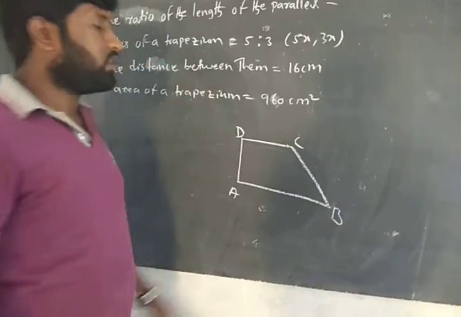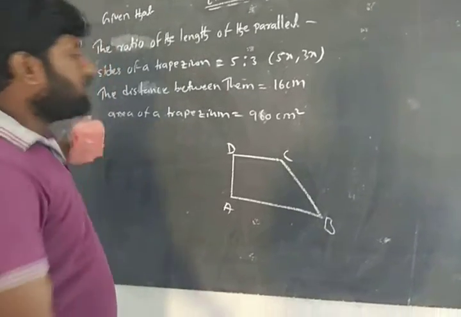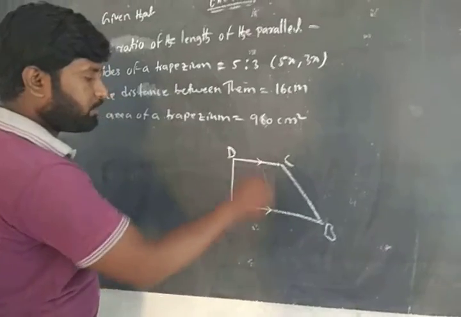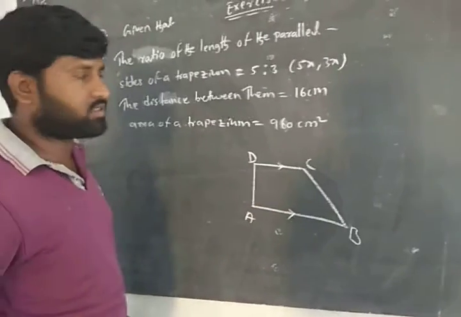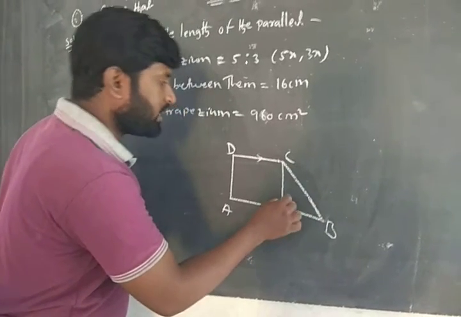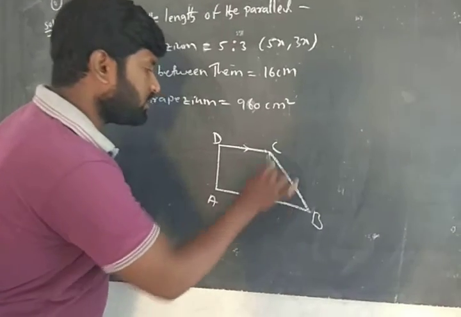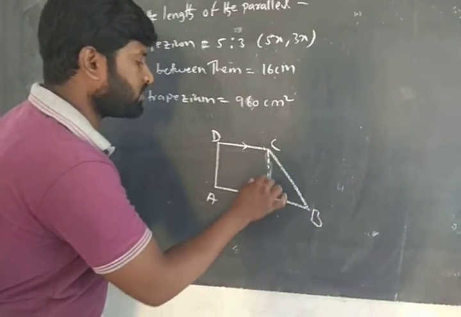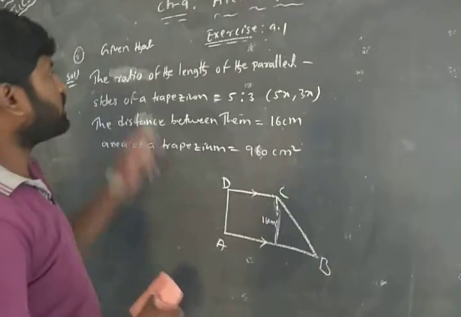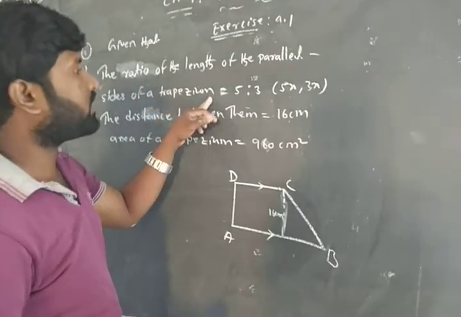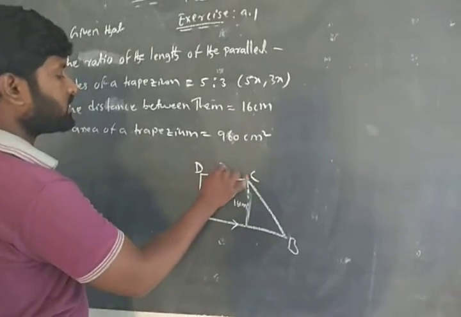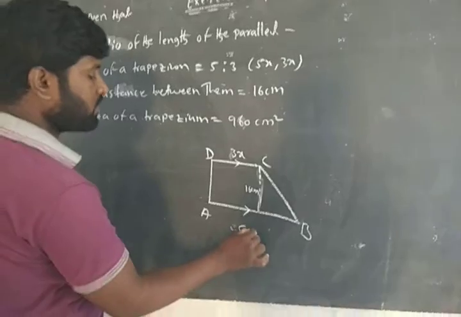ABCD is a trapezium. These are the parallel sides, one pair of parallel sides. The distance between them is the height of the trapezium, which is 16 centimeters. And the ratio of the lengths of the parallel sides is 5:3, so we can take them as 3x and 5x.